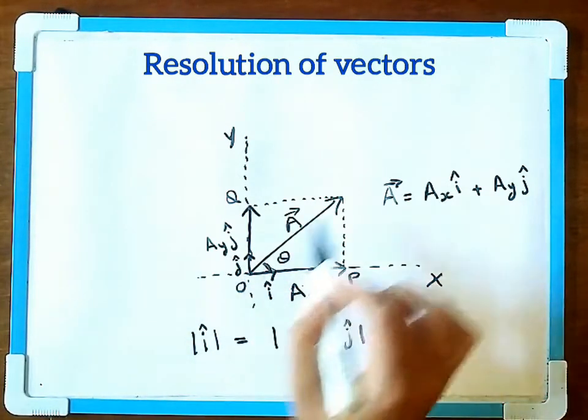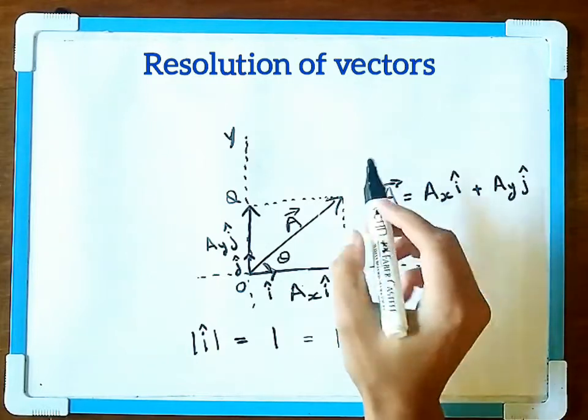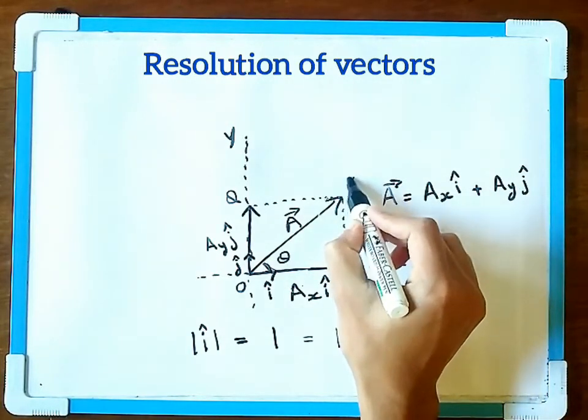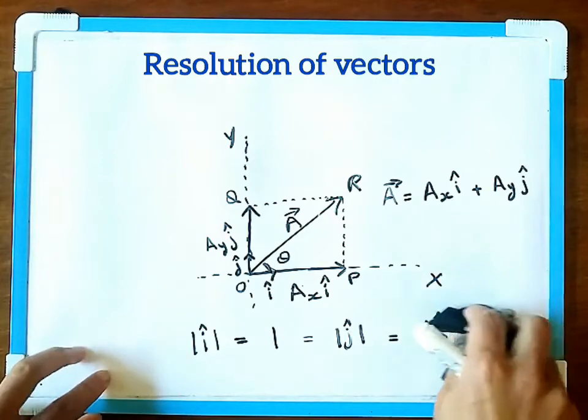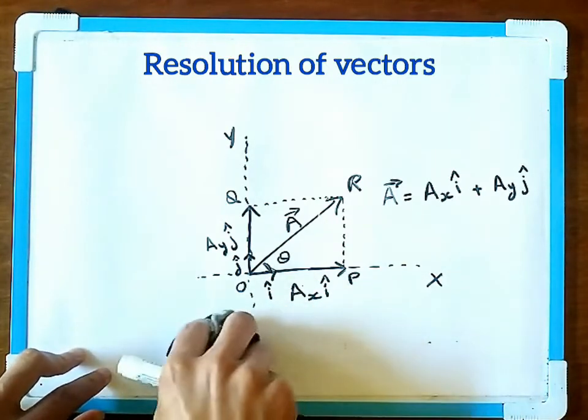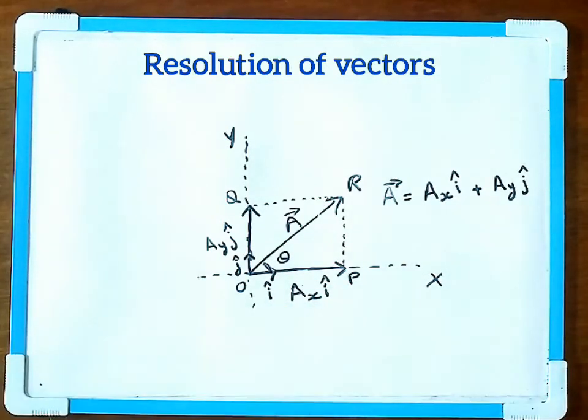And we write this a to represent the magnitude of the a vector. Now in trigonometry, cos of theta is equal to the base divided by the hypotenuse.